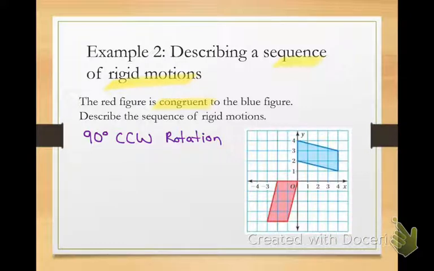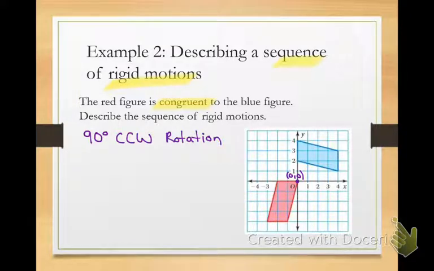Okay, so let's identify where at least 1 or 2 of the other points would be. Okay, let's just start with this point right here. It's at 0, 0. That's really easy, right? Because even a rotation 90 degrees counterclockwise, well, what's going to happen if I flip them and I do the opposite value?